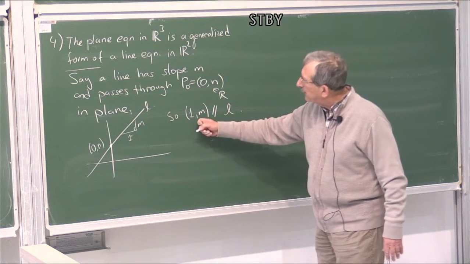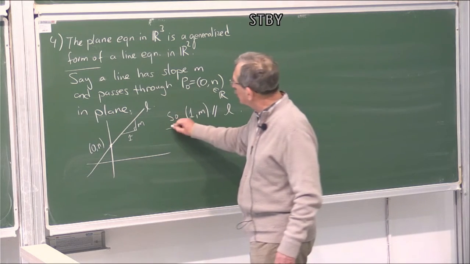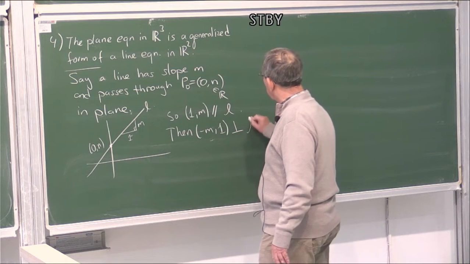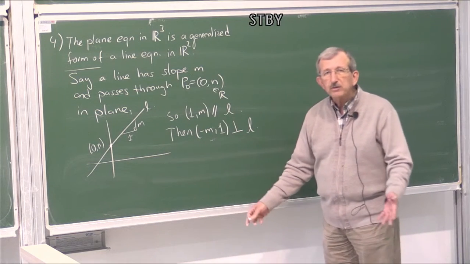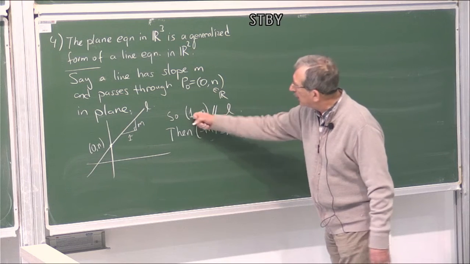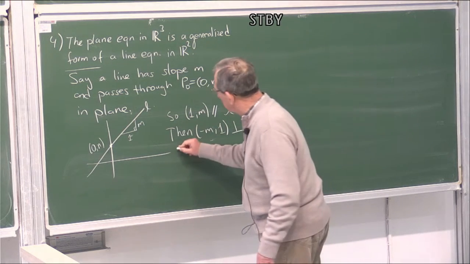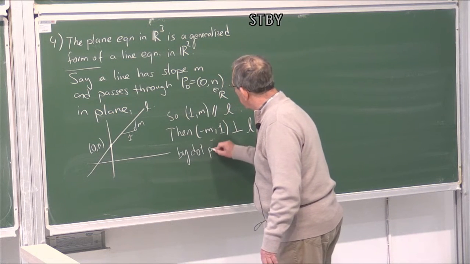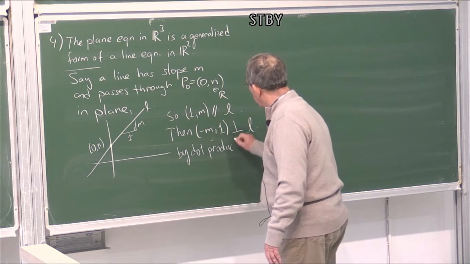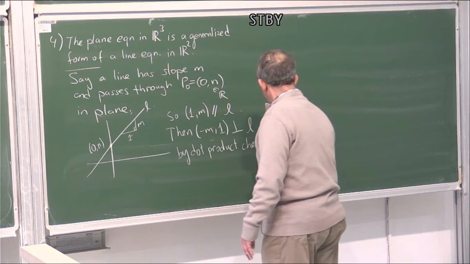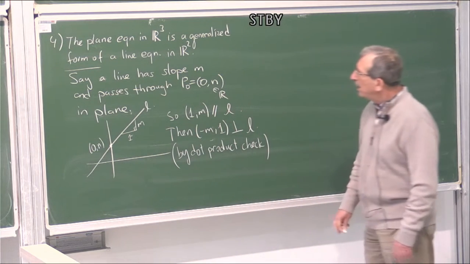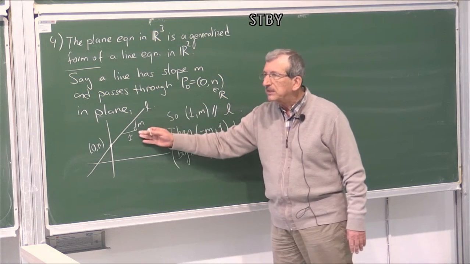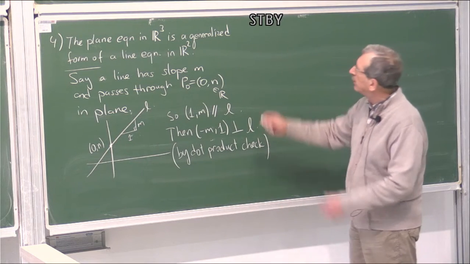Now, if this is parallel, then of course (minus m, 1) is perpendicular to L because the dot product would be 0. Check. So now we have a perpendicular vector to this L with slope m, and we know a point.